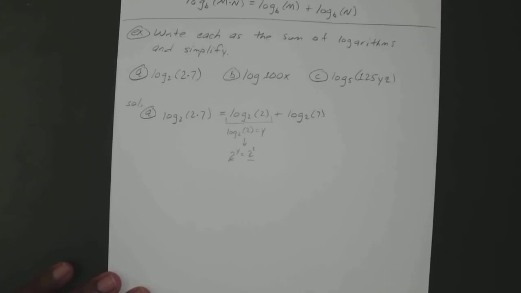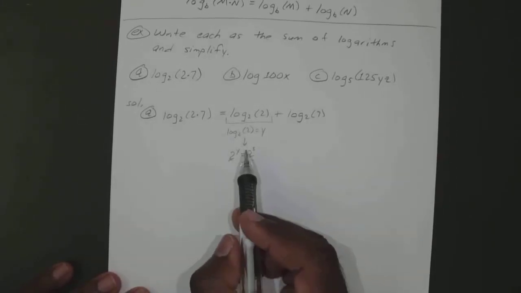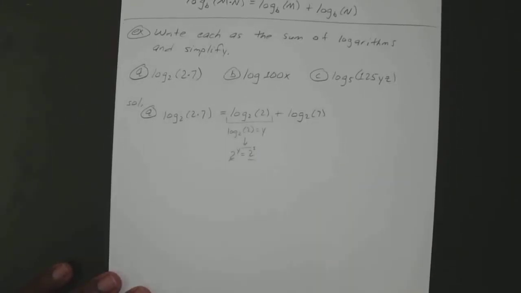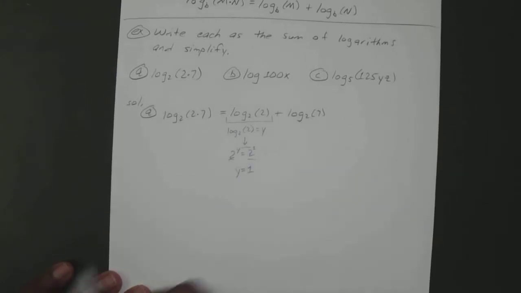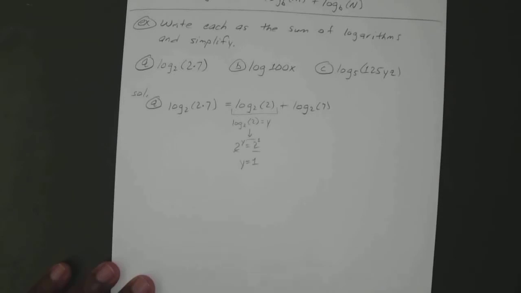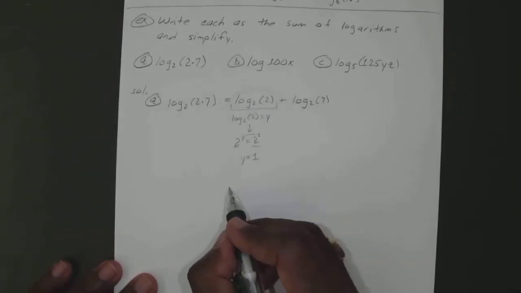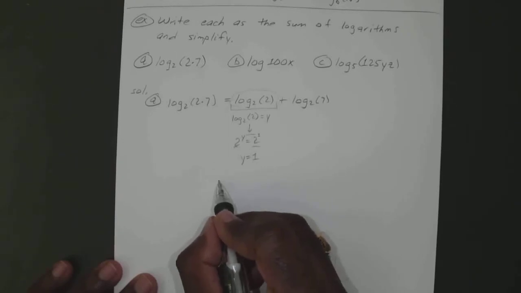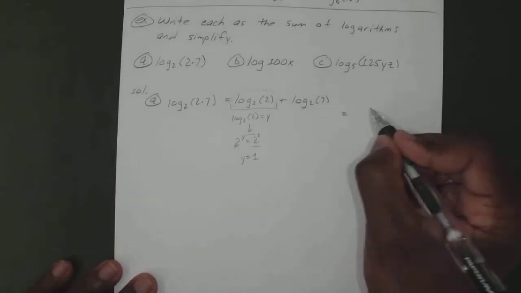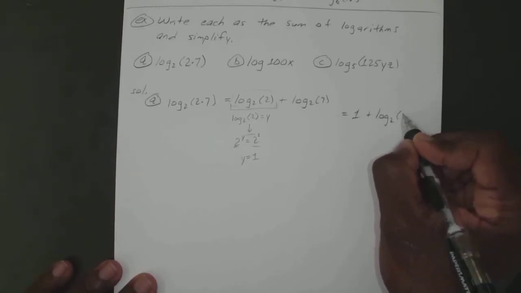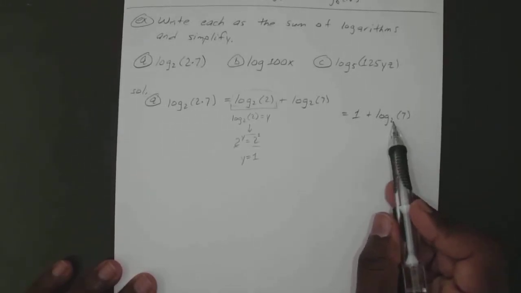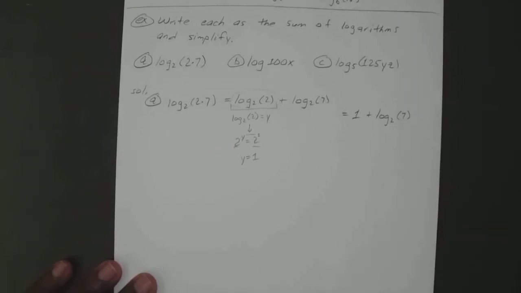So they have the same base, which means your exponents have to be equal. That means y is equal to 1. So this term here is just 1. So that's going to equal 1 plus log base 2 of 7. You can't simplify that one because 2 to the power of y won't equal 7.